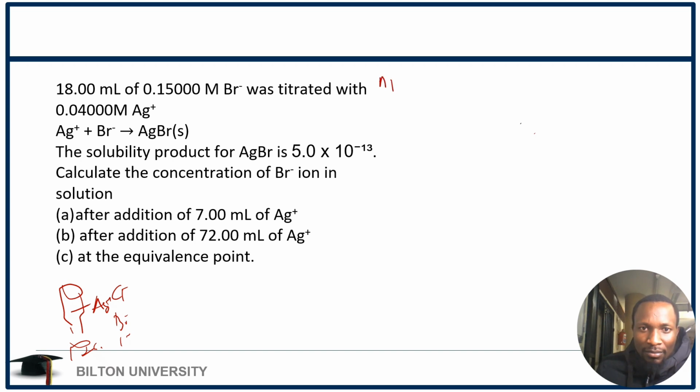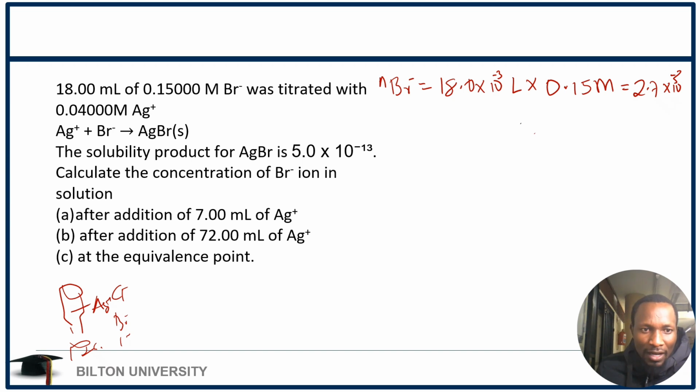So we're going to calculate the moles of the bromide ion, which will be the volume that we added, 18.0 times 10 to the power minus 3 liters, we have to change that into liters, times the concentration, which is 0.15 molar, and that's going to give us 2.7 times 10 to the power minus 3. So these are the moles of the bromide ions that we added.